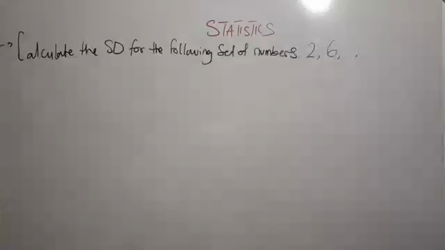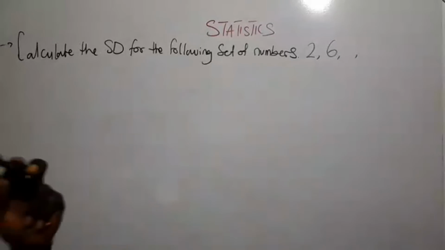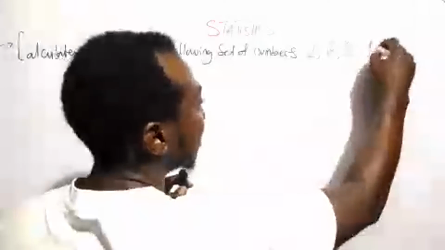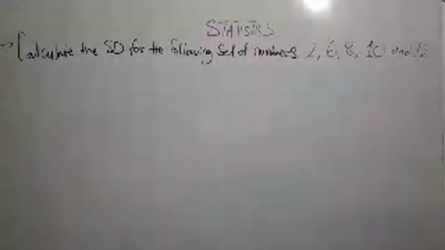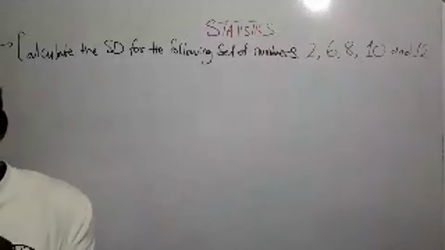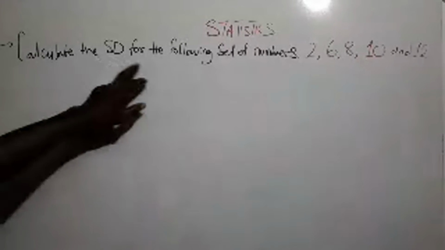We have 2, 6, 4, 2, 8, 10, and 12. Okay, so we are calculating the SD for the following set of numbers.